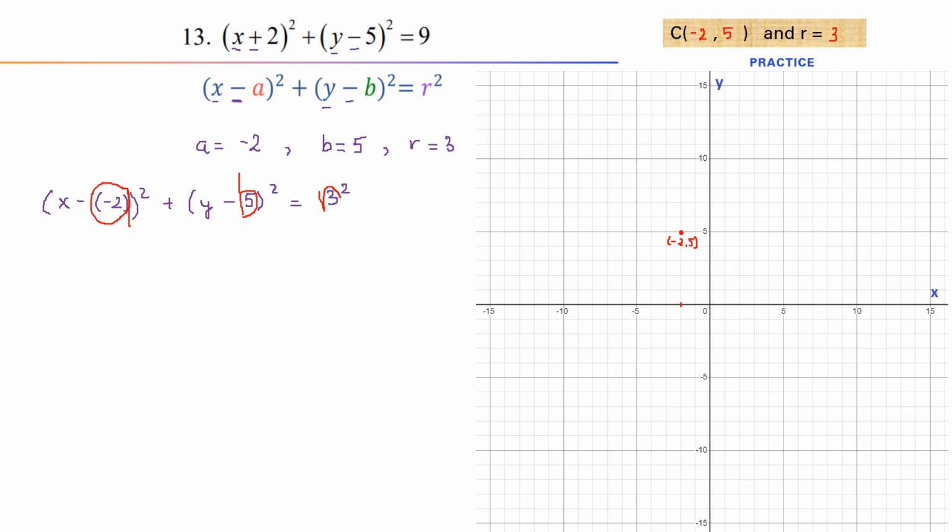Okay, that's point C. And now for the radius, we have the radius of 3, so we count up 3 units, on the right 3 units, down 3 units, on the left side 3 units from the center, and then we just connect those points. Alright, radius of 3.